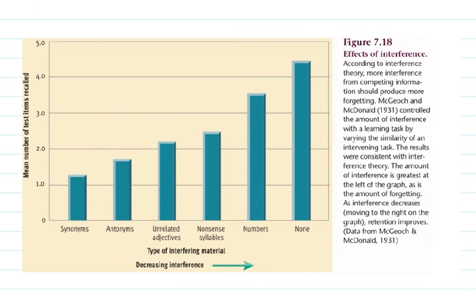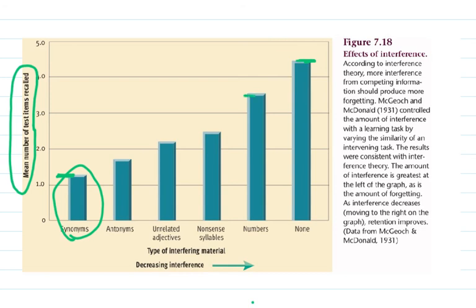When they had synonyms, their recall for the test items is the lowest, because synonyms are very similar to the words these participants were exposed to. So here, similarity is maximum, and when similarity is maximum, recall is really affected because interference is maximum. When they were given no stimulus, the retention was the highest.